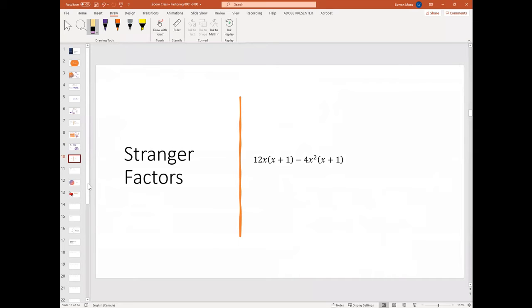And then the last bit is just a bit of a cautionary tale. There are a couple different ways to factor this problem. Try it based on what we just talked about.